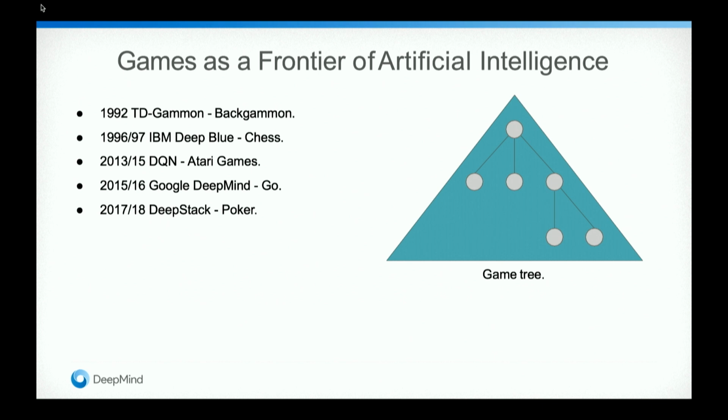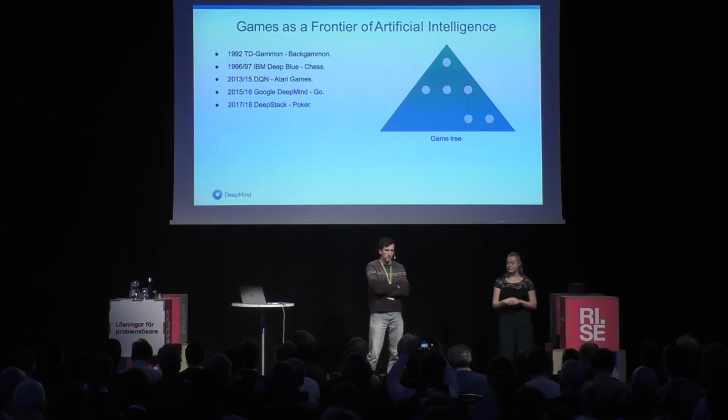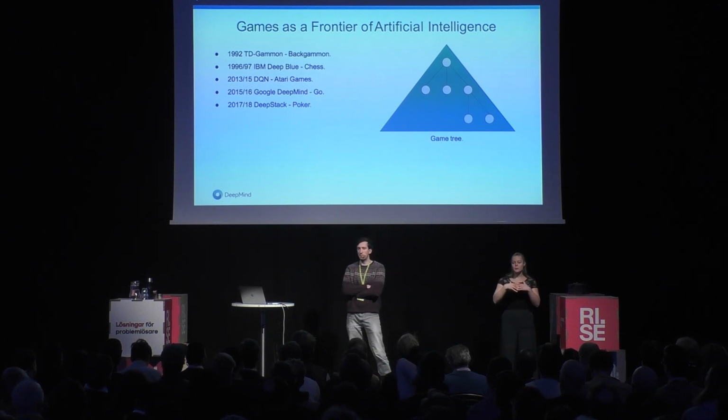Okay, so games have always served as a frontier for AI. So why is that? We have always dreamed as humans to create machines that can outperform us in many tasks. It turns out games are an easy task to measure, whether the computer was able to beat us, and it's also not a deadly task to do the measurement.